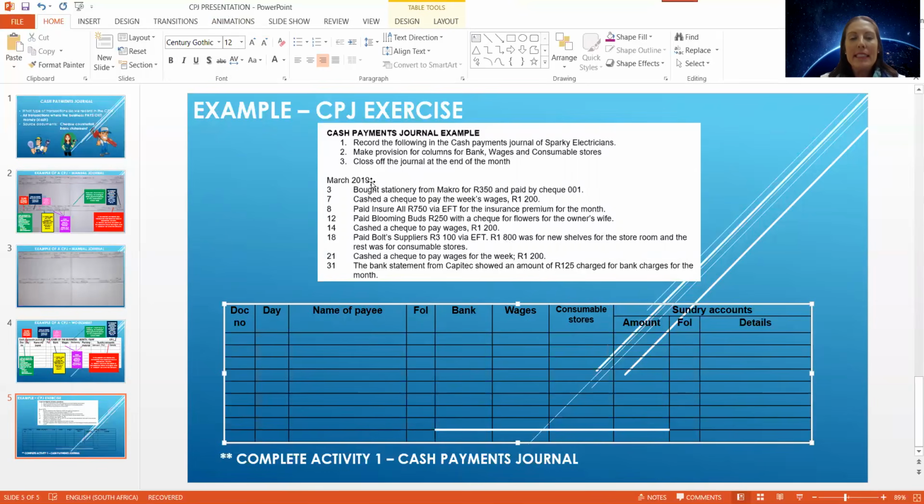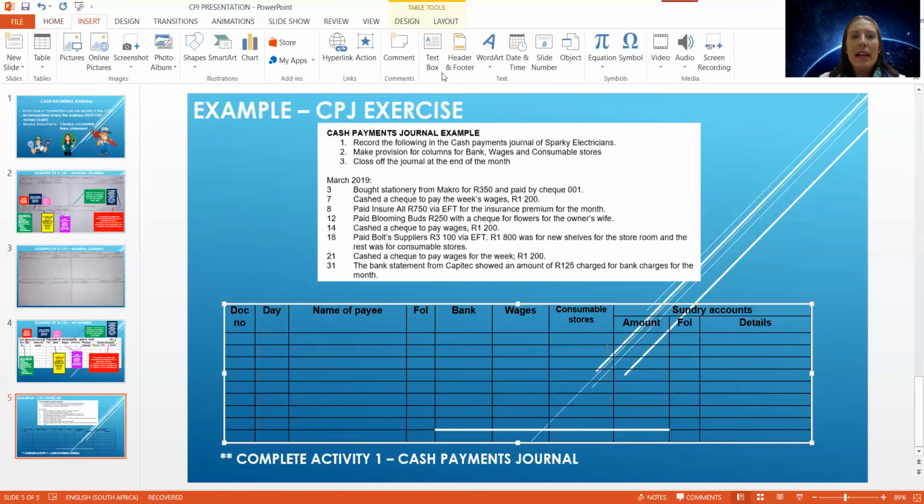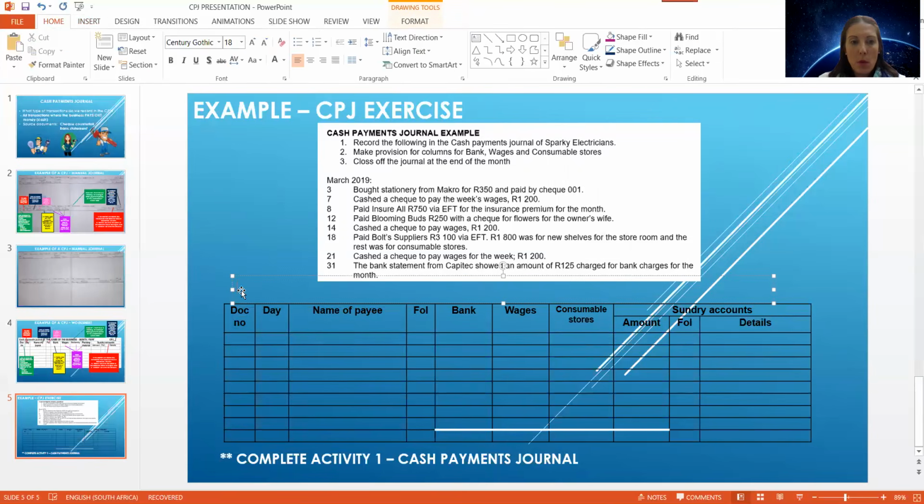March 2019, they told us in the CRJ that the business was started, so we'll do CPJ1. Let's just enter our heading, because I'm always very peculiar with the heading for our journals.